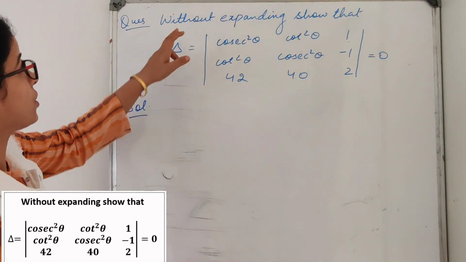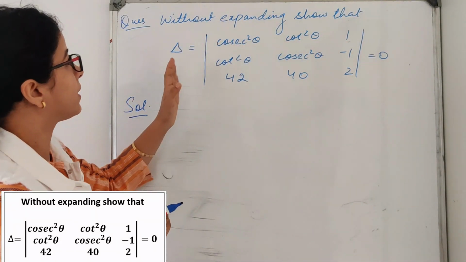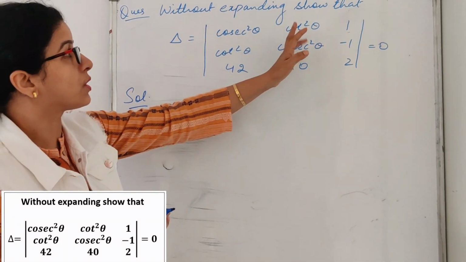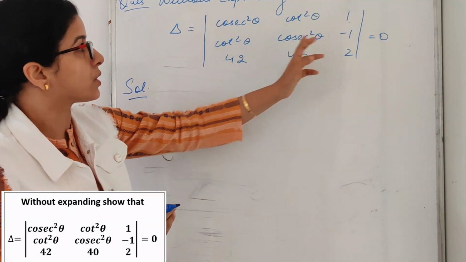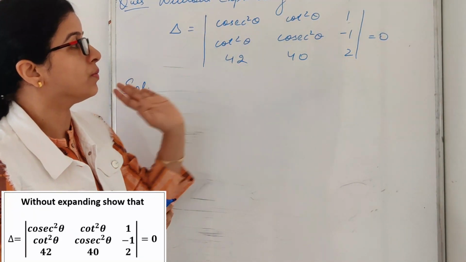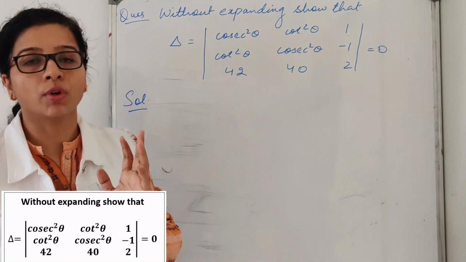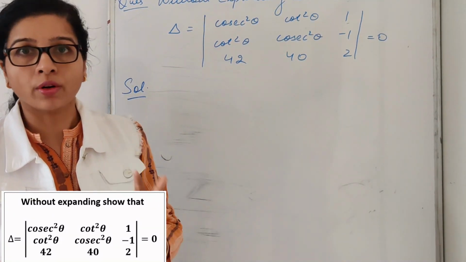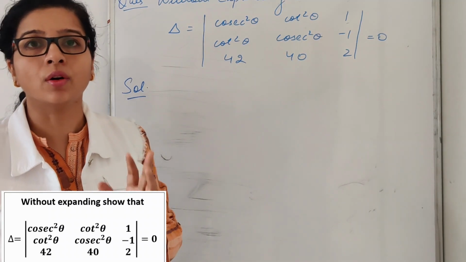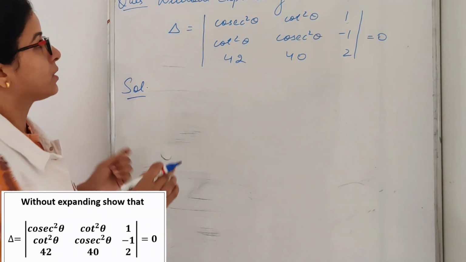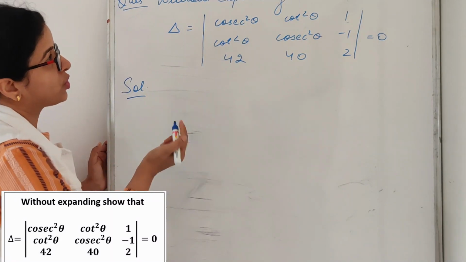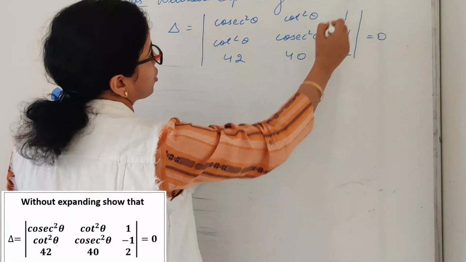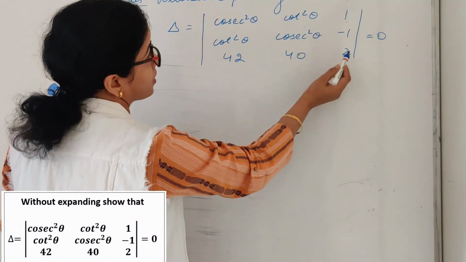Now check this question. Without expanding, show that delta, with entries cosec square theta, cot square theta, 1, cot square theta, cosec square theta, minus 1, 42, 42, 2, equals 0. What are we going to do? We will make either two columns or rows the same, or all the elements 0. See the last column: 42 minus 40 is 2.